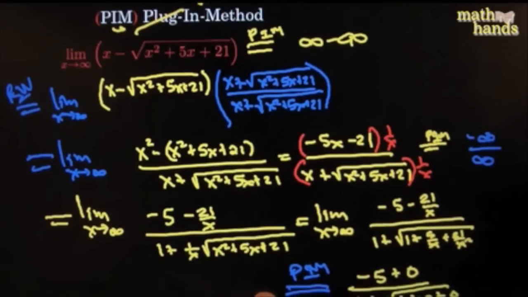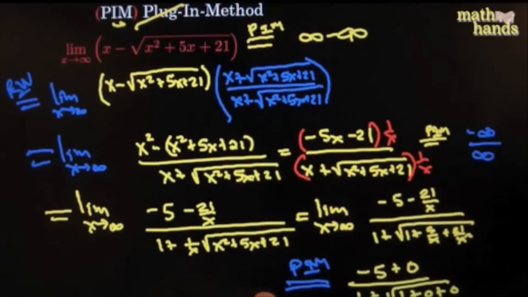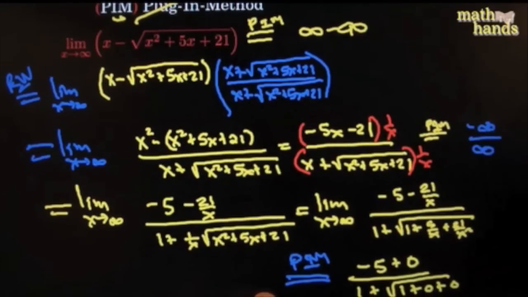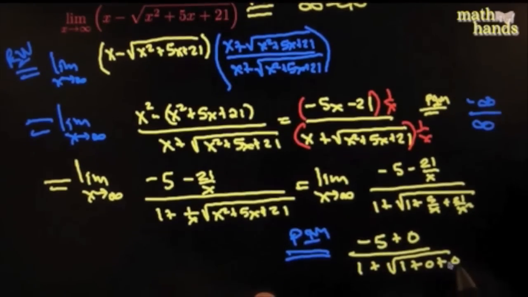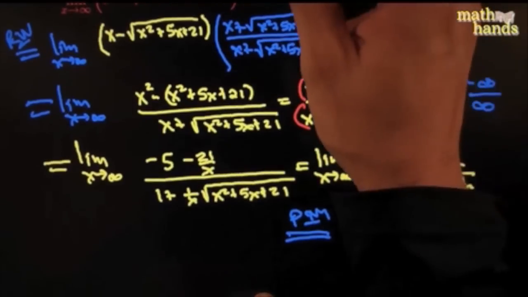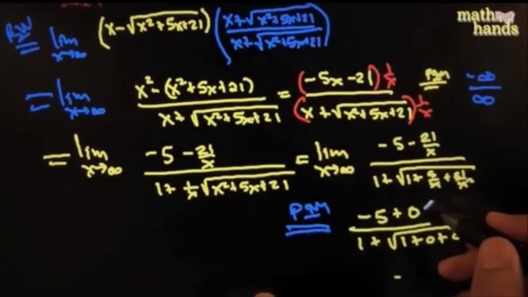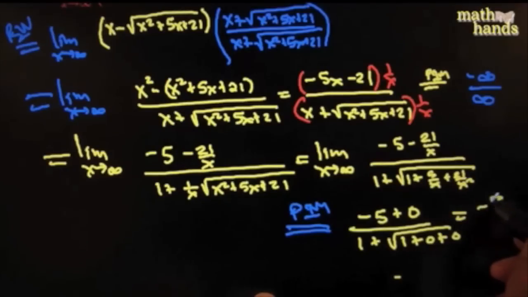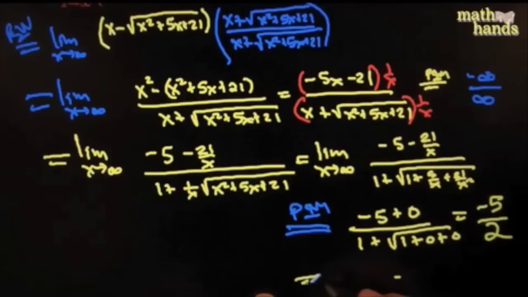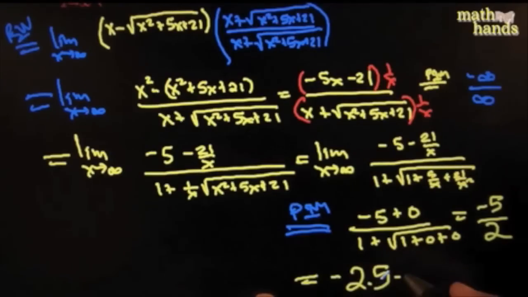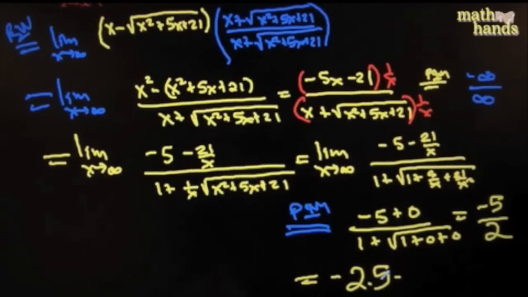If you cannot see it, I will slide it over. How's that? See it? So that would give me negative 5 over the square root of 1 plus 0, 0. That's 2 on the bottom. So that would be a grand total of negative 5 over 2, which is equal to negative 2.5. Voila. Told you.